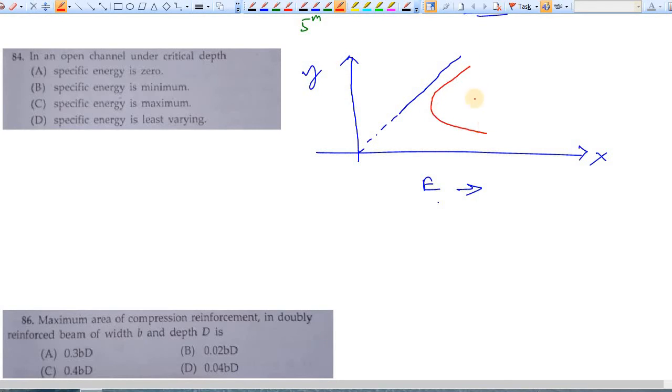And this point corresponds to Ec, or specific energy, when the depth is critical. So this is the depth Yc. Of course here you can see that specific energy is minimum, so yes, B is the correct answer.